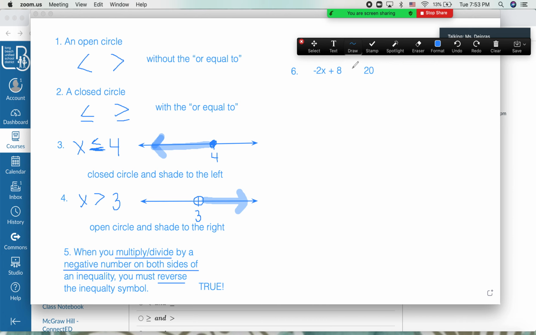So negative 2x plus 8 is greater than or equal to 20. Remember, our goal is to isolate x. So I'm going to get rid of this plus 8 first. And I'm going to do that by using the inverse of addition, which is subtraction. So I will subtract 8 from both sides.